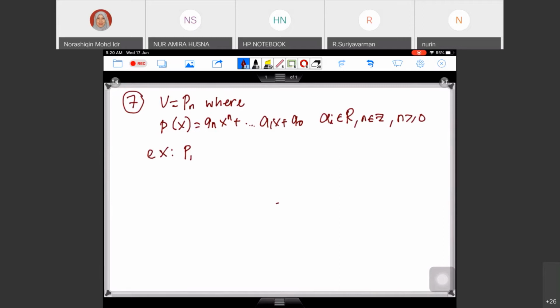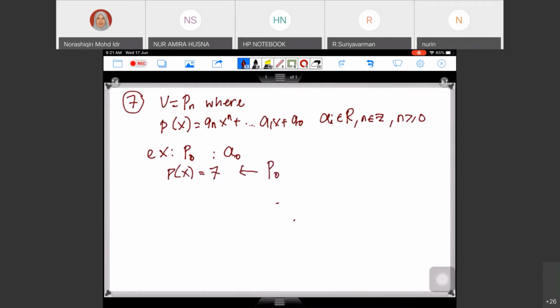For example, P0 is a_0, only reals. For example, a polynomial in P0 is 7, for example. This is P0.